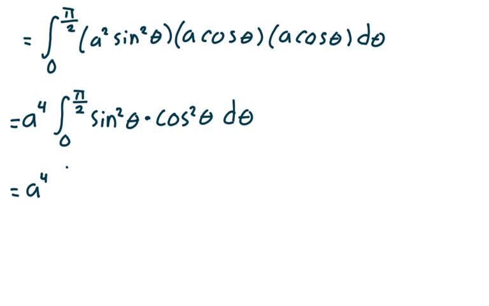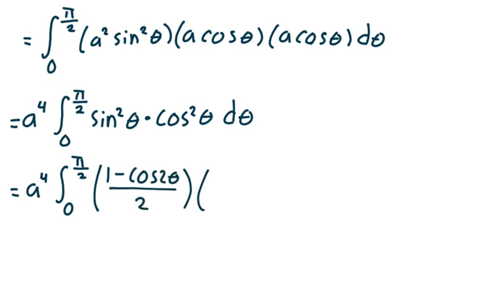So that's a little tricky. We're going to integrate from 0 to pi over 2 of, and I'm going to drill you guys on the power reducing formula, 1 minus cosine 2 theta divided by 2 times 1 plus cosine 2 theta divided by 2 d theta.